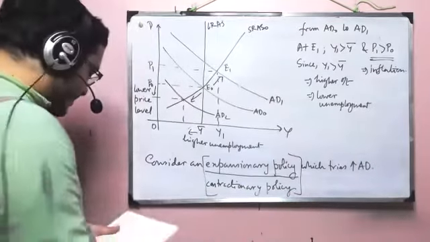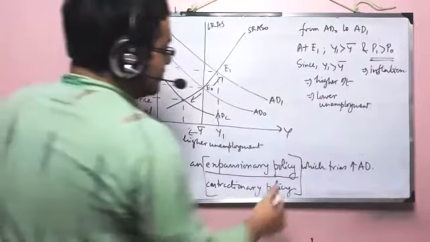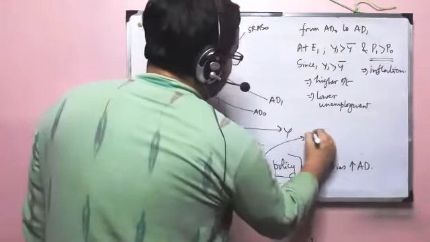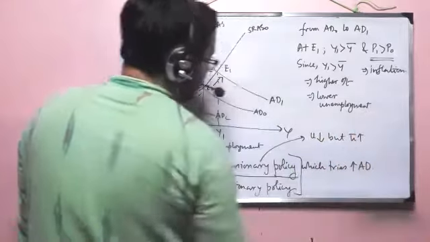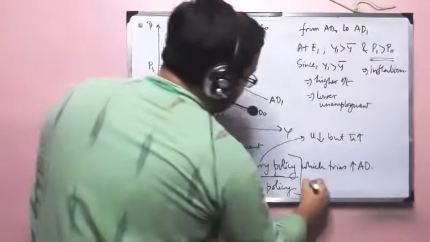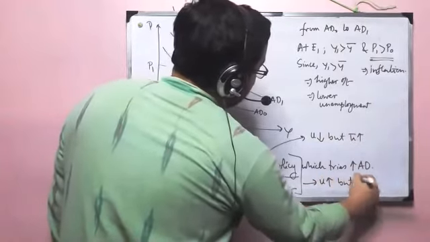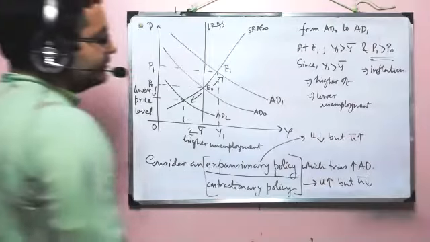So we have two results here, right? Expansionary policy gives us this result, that unemployment reduces but inflation rises. Contractionary policy gives us this result, that unemployment increases but inflation reduces. So we have a trade-off.